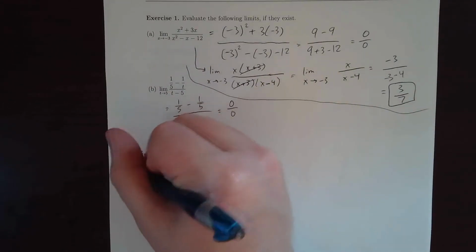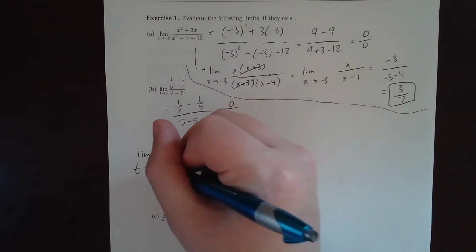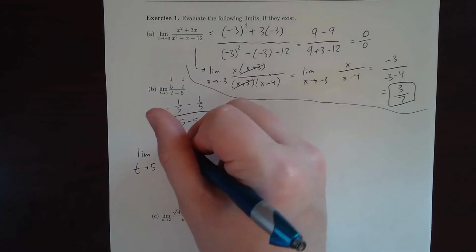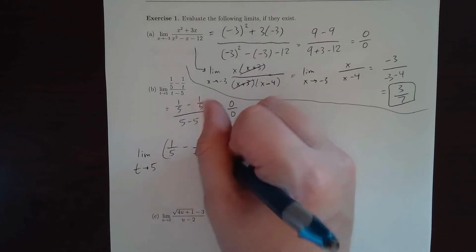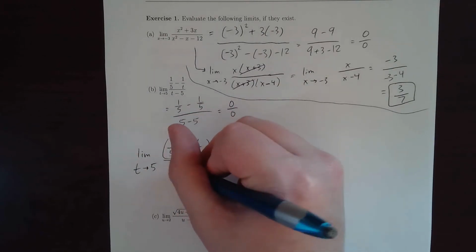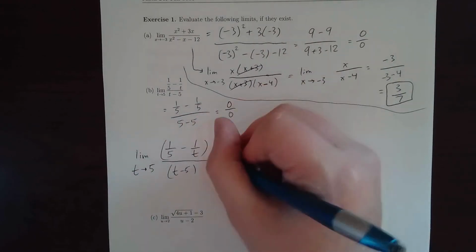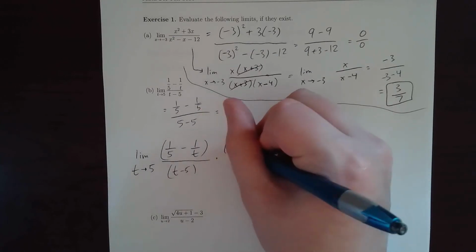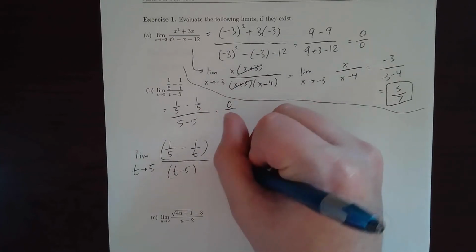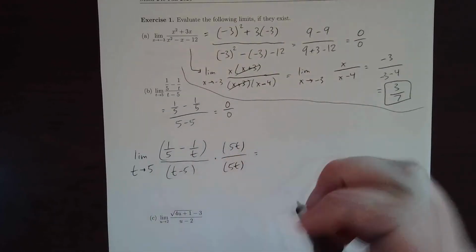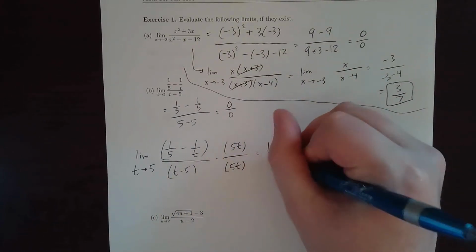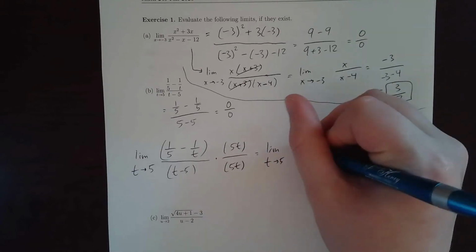We'll have the limit as t approaches 5 of (1/5 minus 1/t) divided by (t minus 5), times 5t over 5t. And so if we multiply 1/5 times 5t, we'll get t.